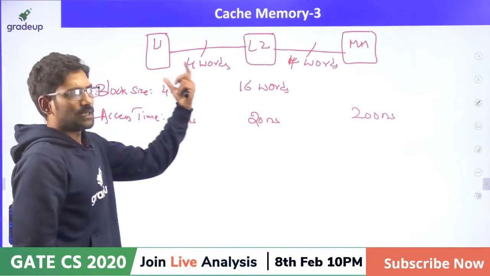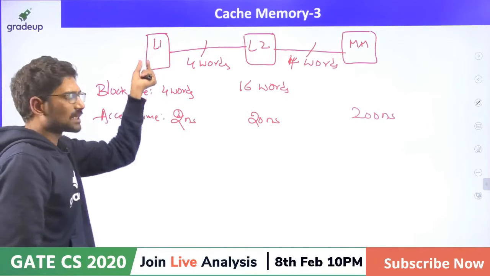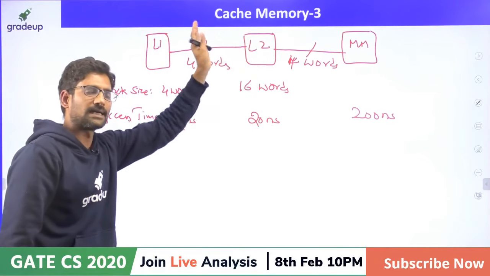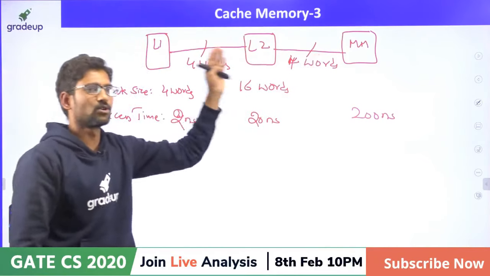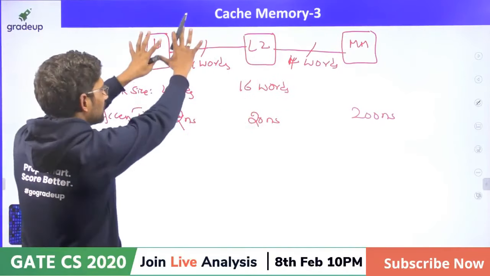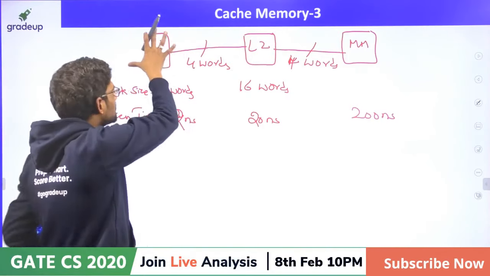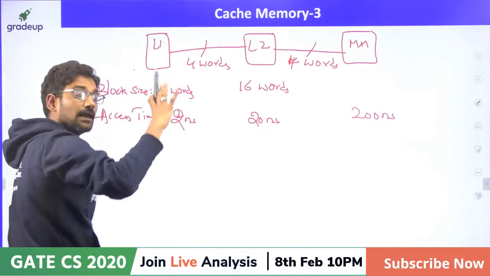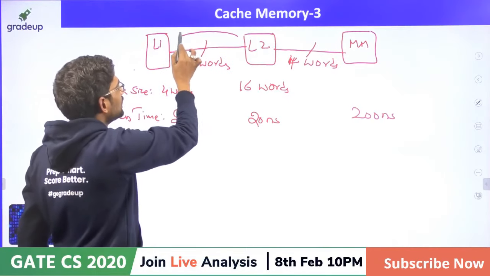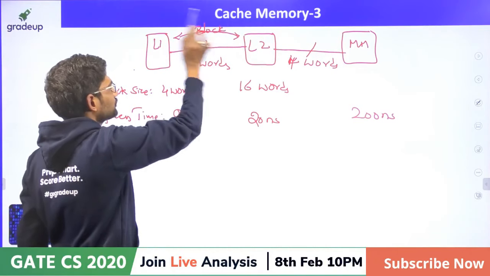Now, a miss occurred at L1 and a hit occurred at L2. Because a hit occurred at L2, there is no case for main memory now. We have to observe closely on these two only. Miss occurred, hit occurred. Then what happens? A block is transferred from L2 to L1.